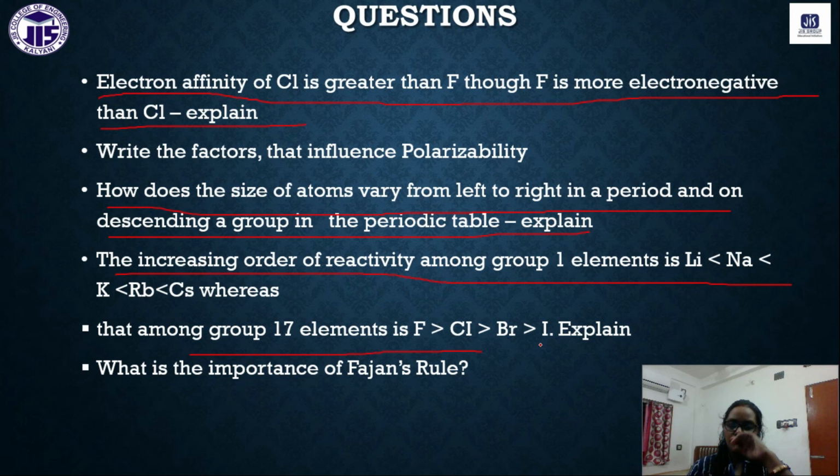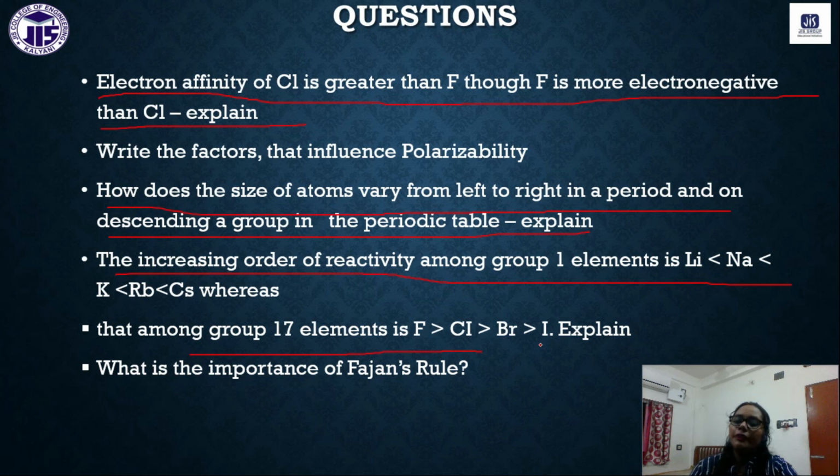Explain. How does reactivity depend on what factor? Reactivity depends on how easily one element will abstract an electron, or how easily it can release an electron.